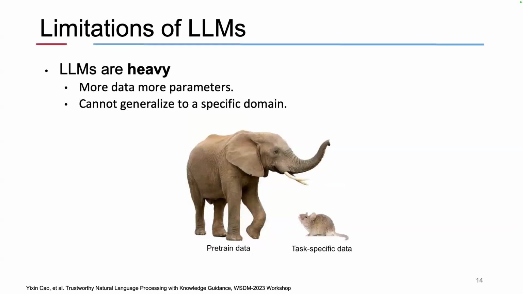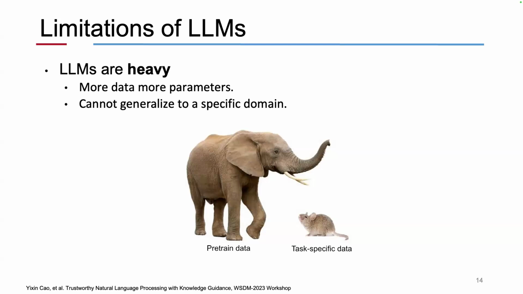Another limitation is that LLMs, yes, are very powerful, but they're too heavy, right? They have so many parameters. It's really difficult to deploy an LLM to a very specific domain, because we probably don't have sufficient computational resources. Also, if for some domain you would like to train your own LLM, it requires a lot of data.